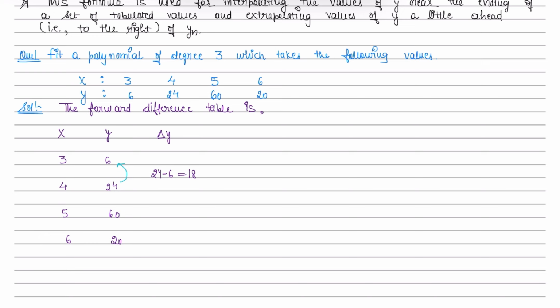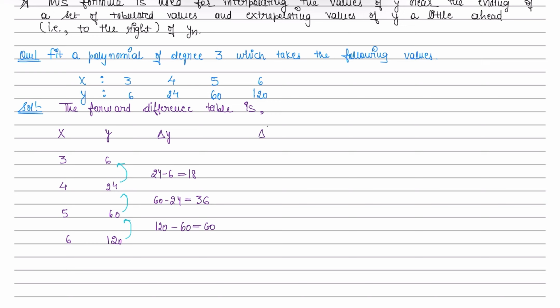And then the next value will be 60 minus 24, which will be 36. And the next value will be 120 minus 60, which will be 60. Correction, it is 120, not 20.